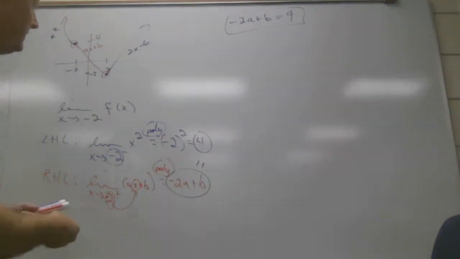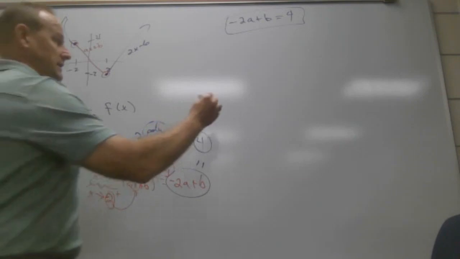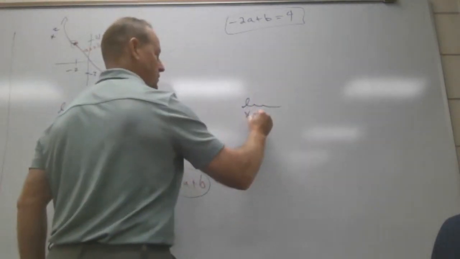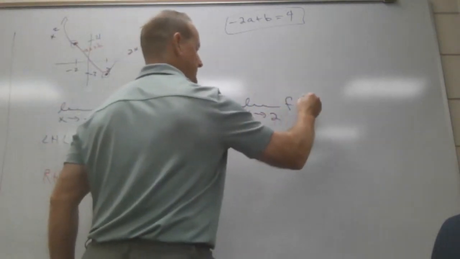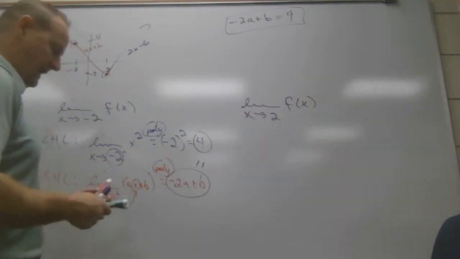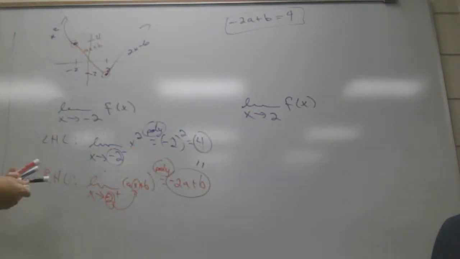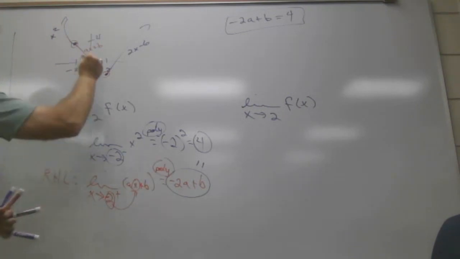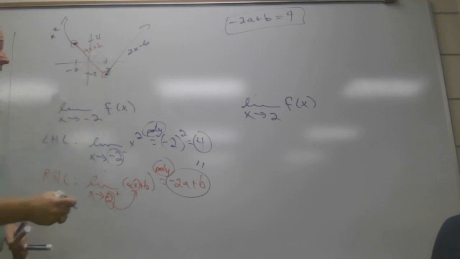Okay, so for the limit as x approaches 2 from both sides of f of x to exist, I need to look at that left-handed limit and right-handed limit. Okay, so I'll just use green here.